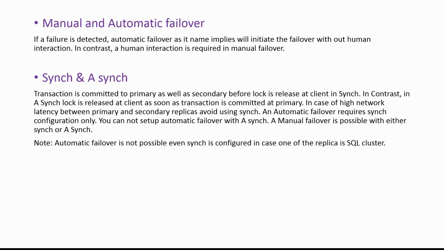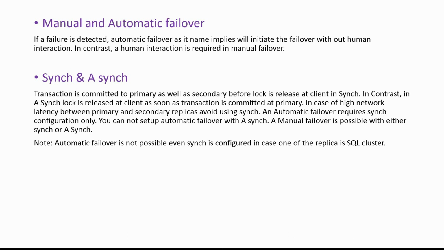SQL Server will not release the lock until these transactions are fully committed to each of these replicas. So it's expensive, and you have to make sure your network latency is not bad, otherwise you will see all kinds of issues when you set up sync in Always On.